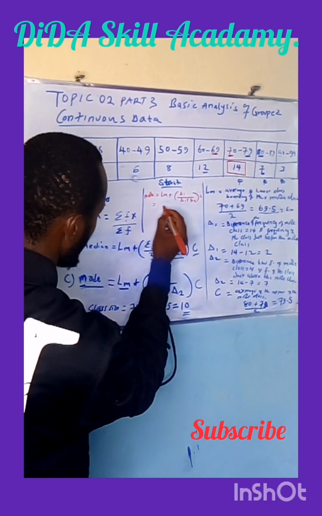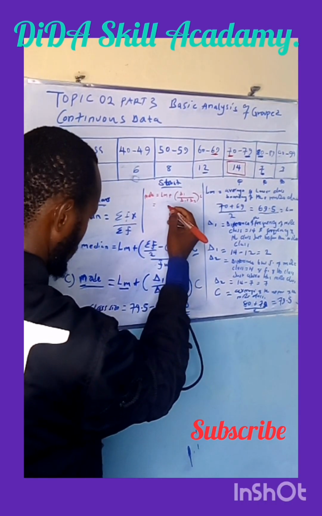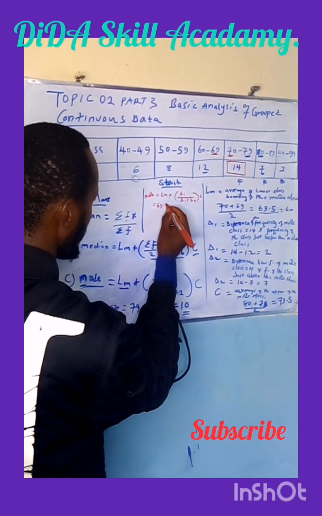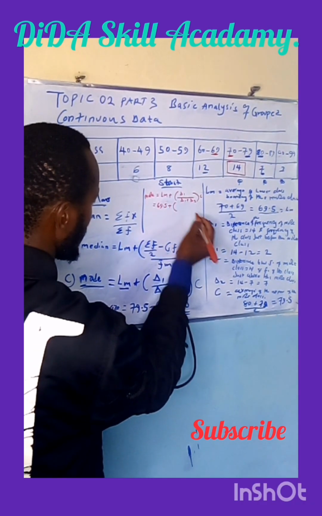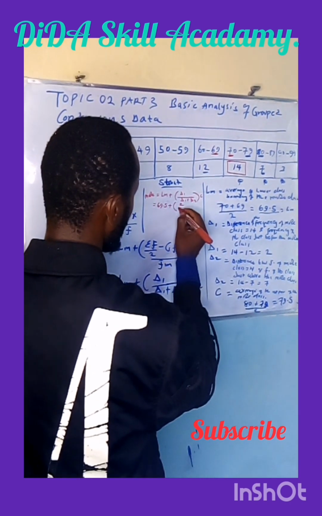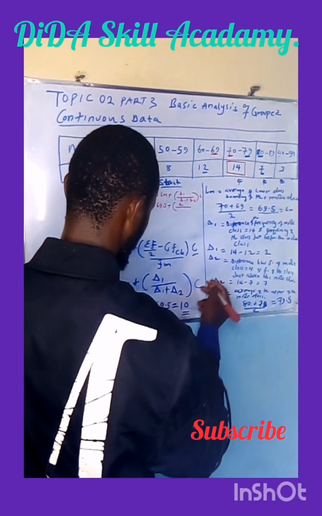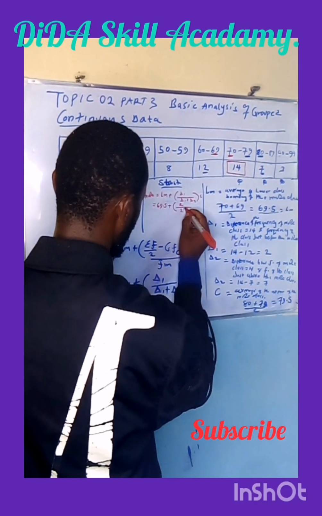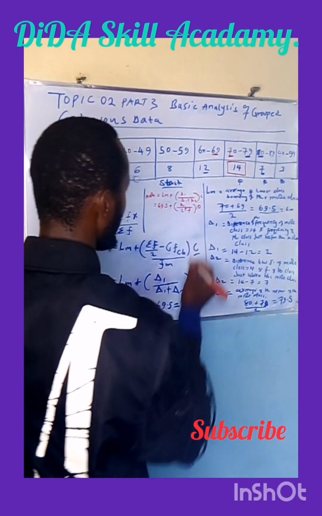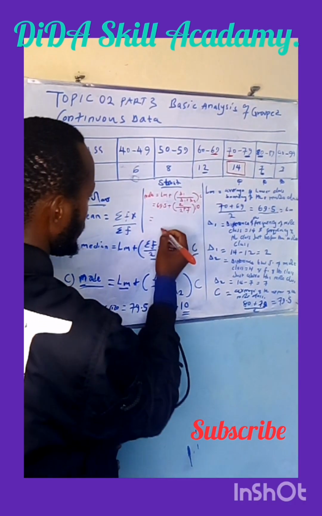So our mode will be 69.5 plus delta 1, which we calculated as 2, divided by 2 plus 7, multiplied by 10, which is our class size.